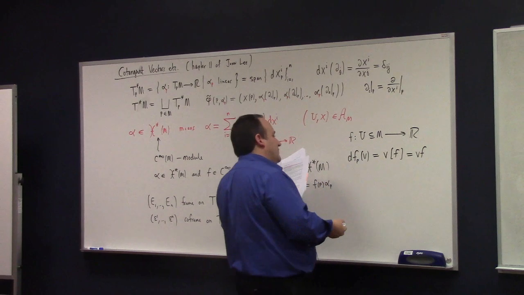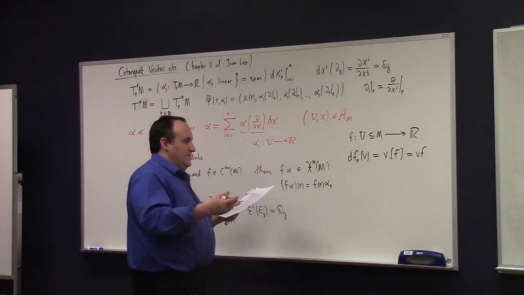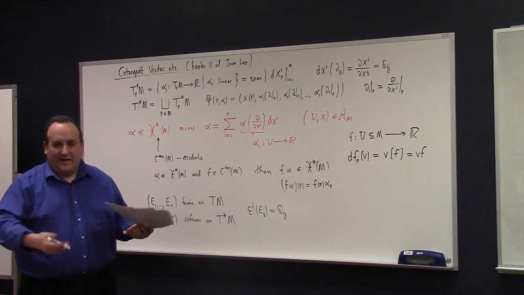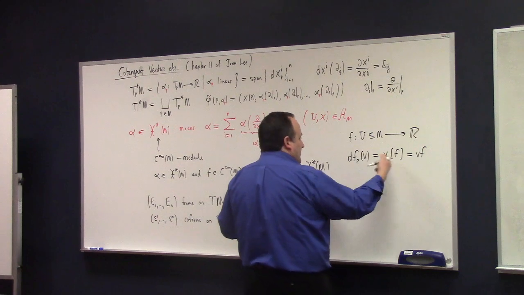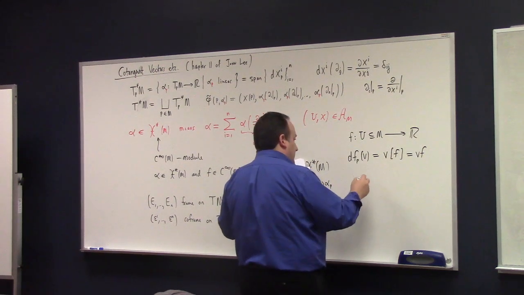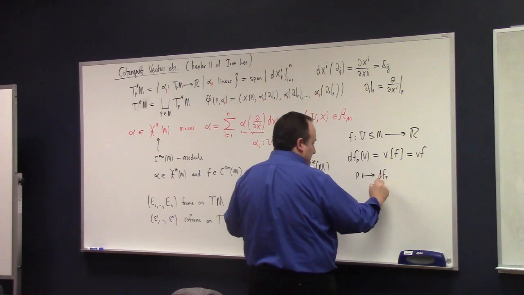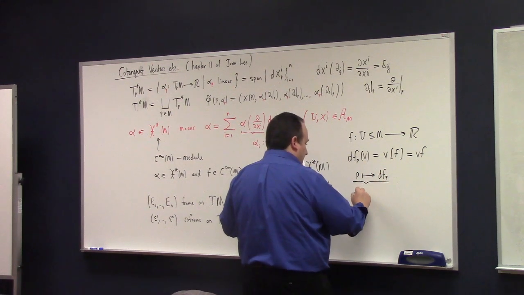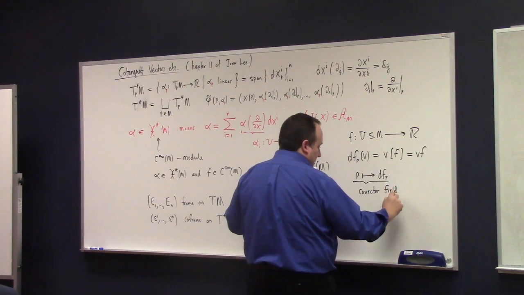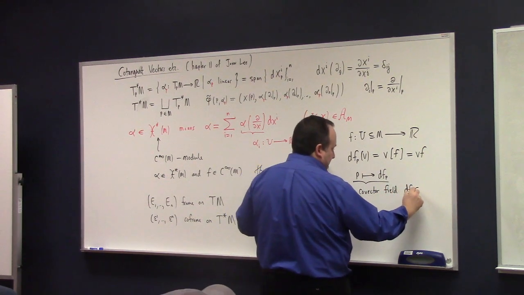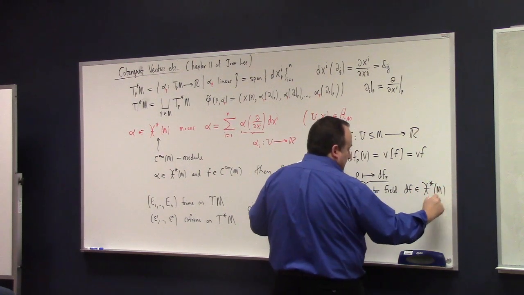But I like to write brackets, partly because of differential equations and my typical use of operator notation. It's the operator v acting on the function f to give you a new function. At the point p, it gives you a value. But if you think about the assignment p maps to df_p, this gives you a covector field, say df, which would be an element of the covector fields on M.